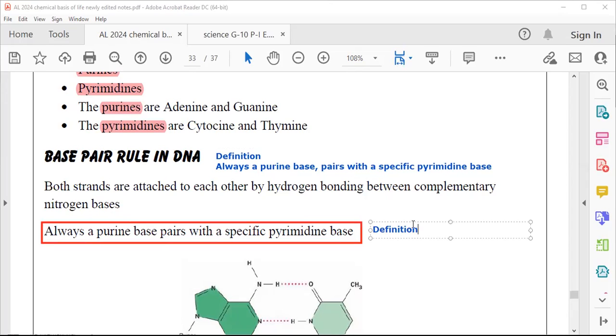In the exam paper, if they ask you what is base pair rule or to define base pair rule, you have to say: always a purine base pairs with a specific pyrimidine base. Clear? Clear, sir.